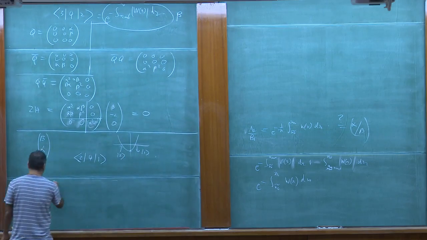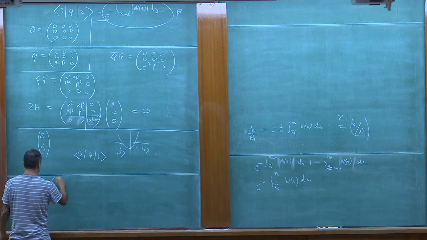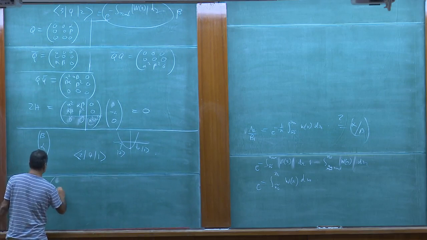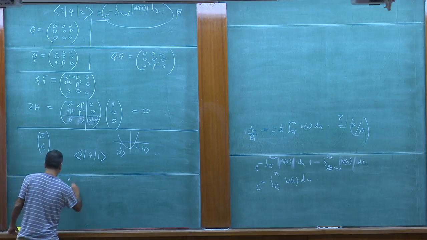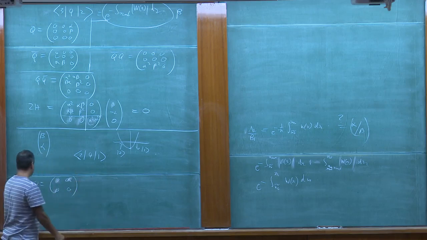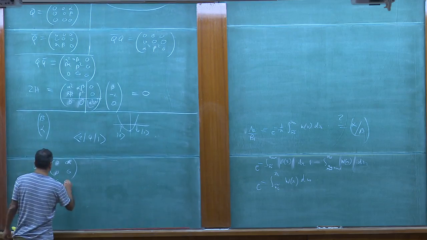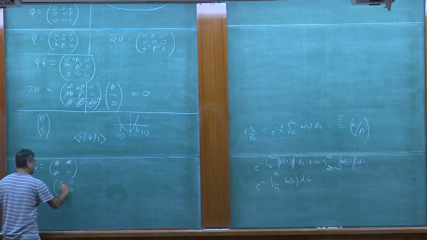Then Q in this case has this structure. Row 1, column 2. So this. Okay, 0, 0, 0, some alpha. Q bar will be its Hermitian conjugate. I'm assuming it's real, otherwise alpha bar.